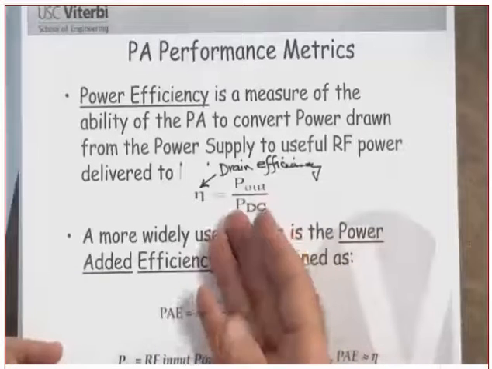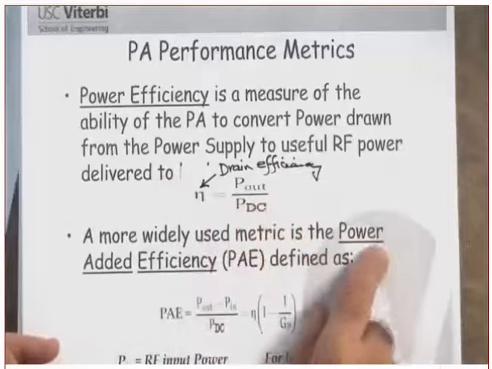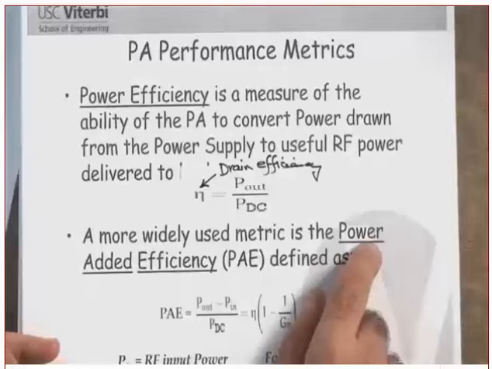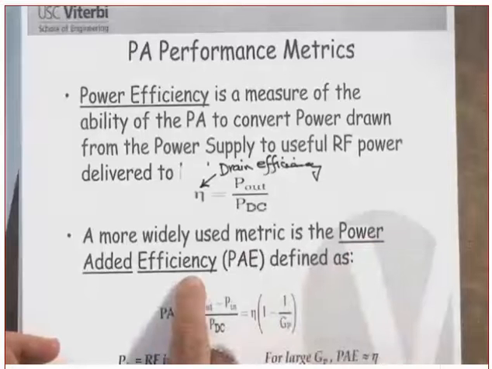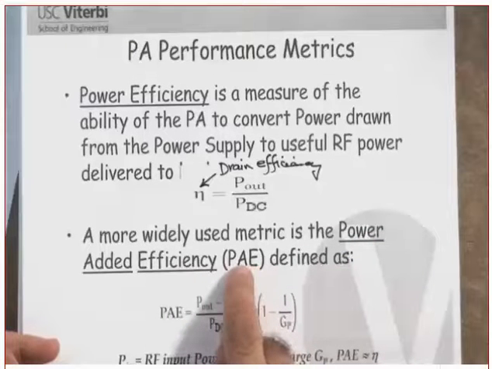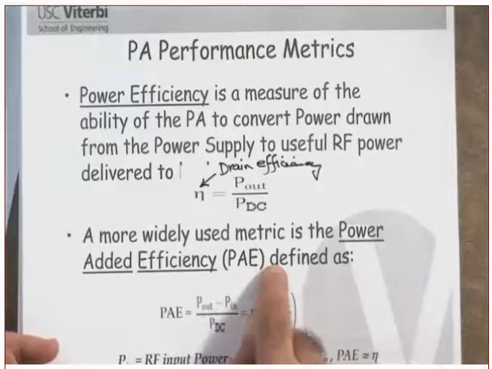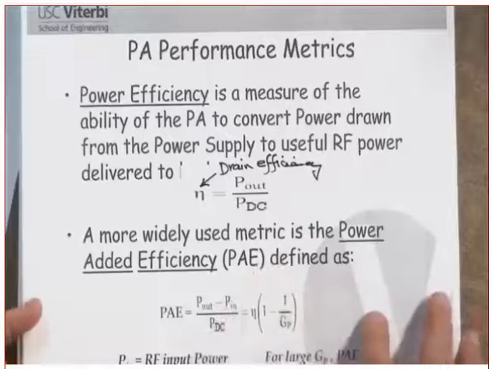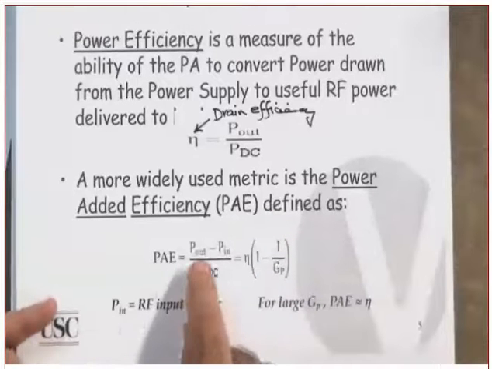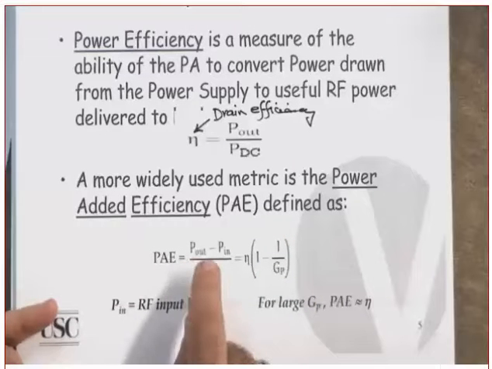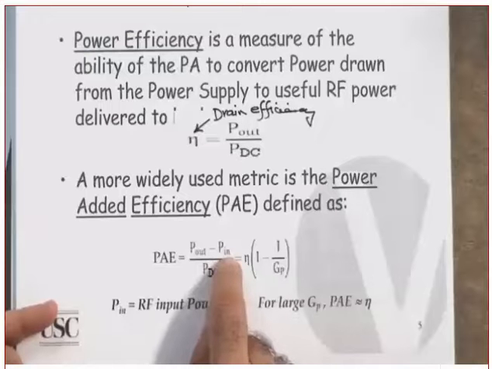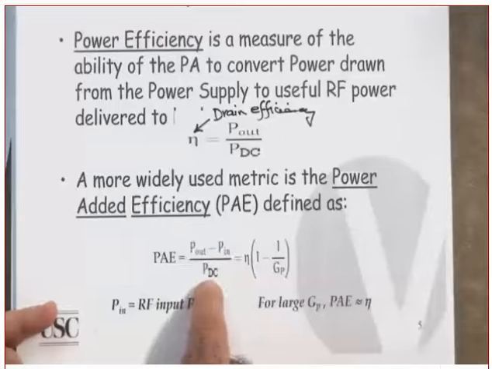Now, some other people in the industry also define another one, which is called the power added efficiency. They call it PAE. PAE stands for the power added efficiency. Clear? Let's understand what this is. The power added efficiency is the output RF power minus P in, divided by the DC power.